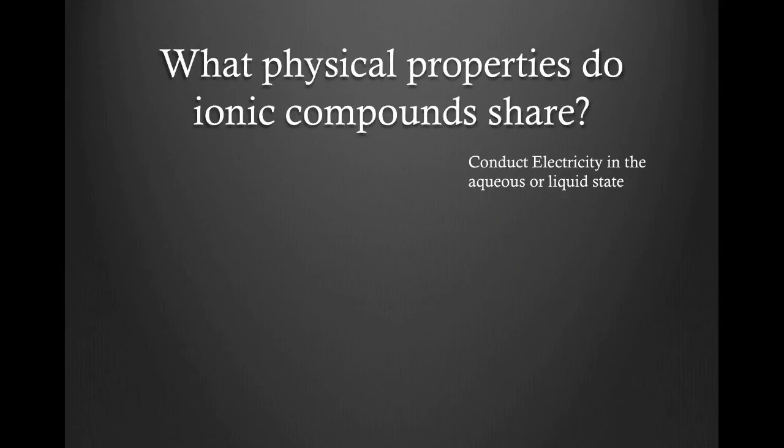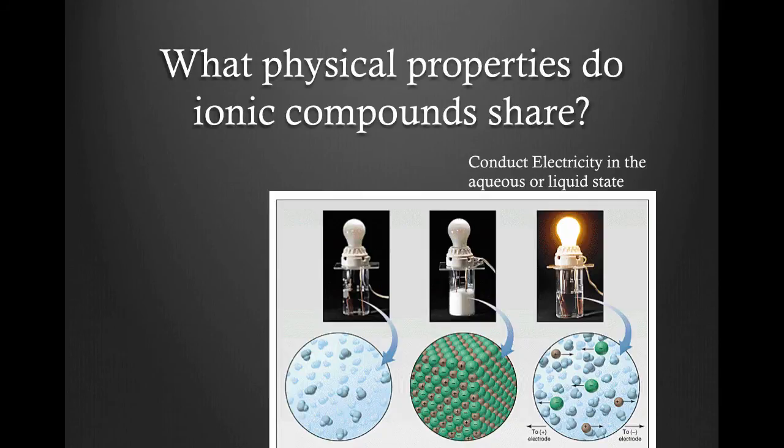Another property we can look at with the ionic substances is their ability to conduct electricity in the aqueous or the liquid state. If you look at the middle diagram, which shows the ionic lattice, the light bulb isn't lit. This does not conduct electricity. However, if I dissolve this ionic substance in water, the water pulls the lattice apart, and now I have free moving charges, and as you can see, the light bulb lights.